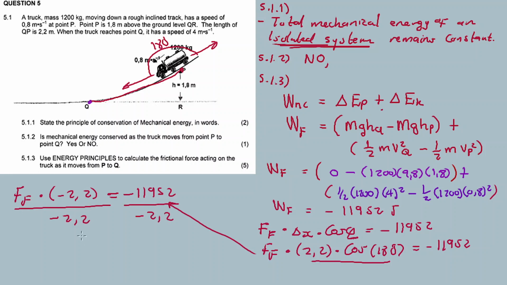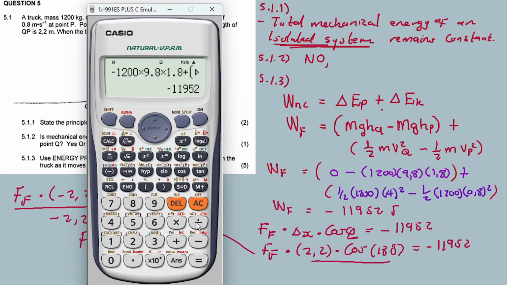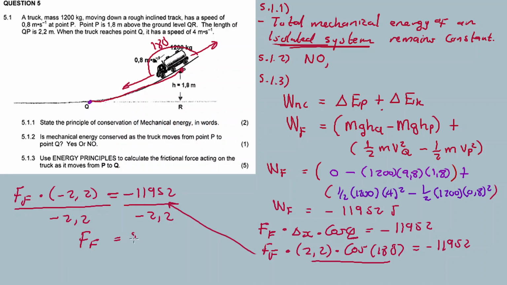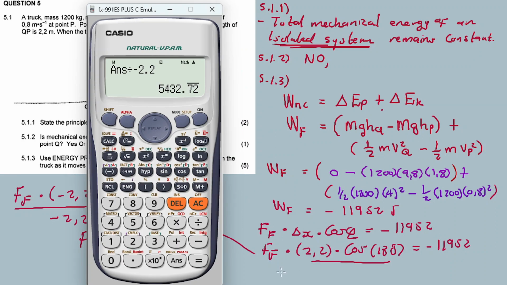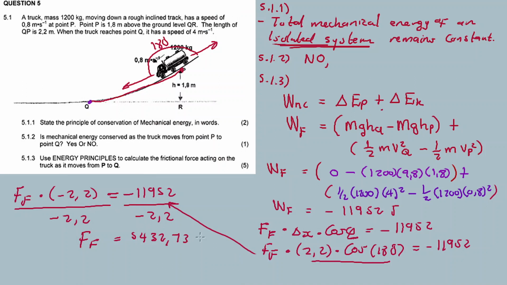So F is equal to minus 119.52 divided by negative 2.2. The answer is 54.32... 7222222. Let me be sure, or 73. Now you round off to 2 decimal places, you get 73 newtons up.